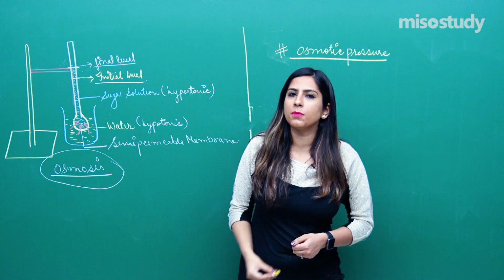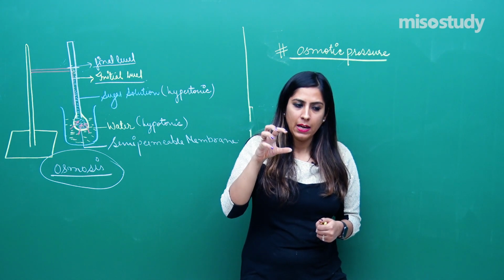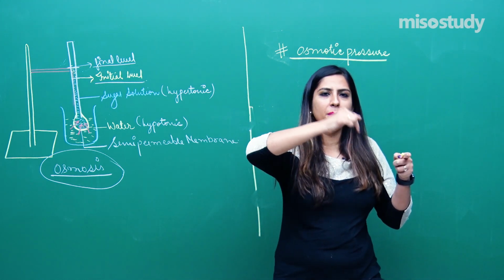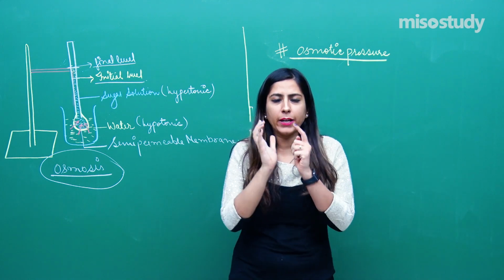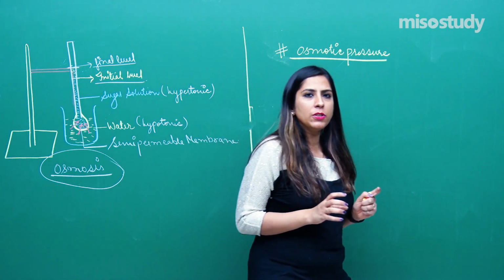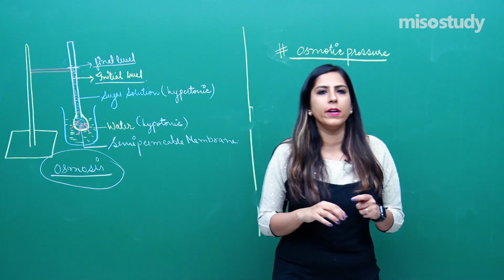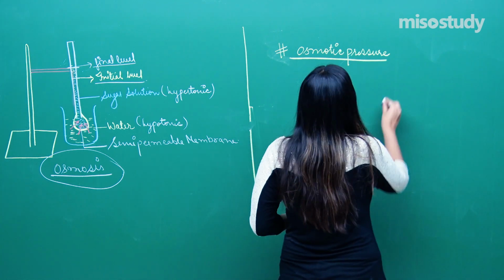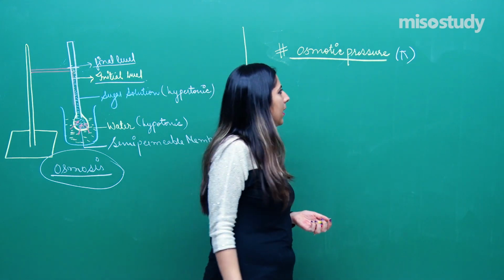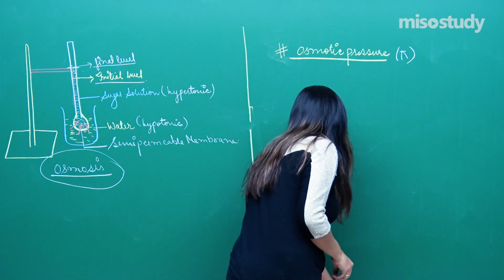When we are talking about the osmotic pressure, it is that pressure which is exerted by the solution when it is placed in close contact, through a semi-permeable membrane, with pure water. That actual pressure that exists in a solution is called osmotic pressure. When we talk about a plant cell, the osmotic pressure of that plant cell is around 4 to 5 atmospheres, right? The symbol of osmotic pressure is pi.